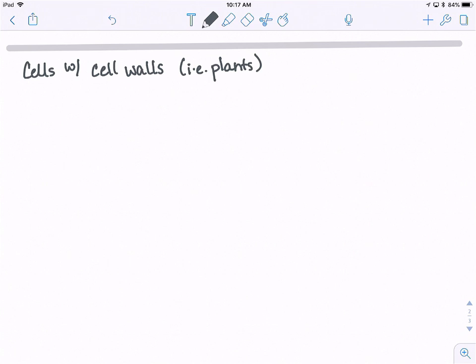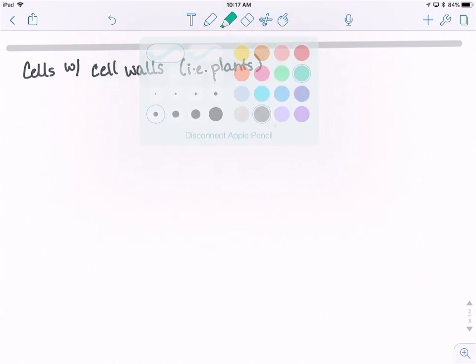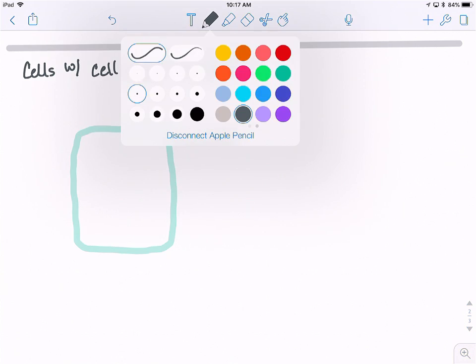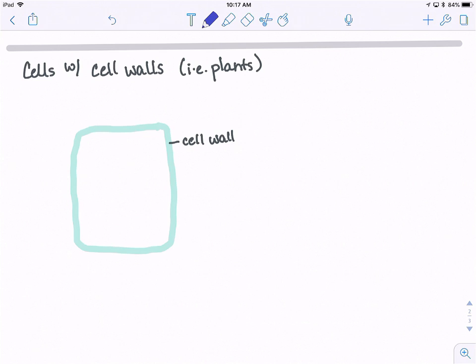Now, if you recall from your diagram, the cell walls of plants are on the outside of the cell. So we have the cell wall, and then inside of that is the cell membrane.